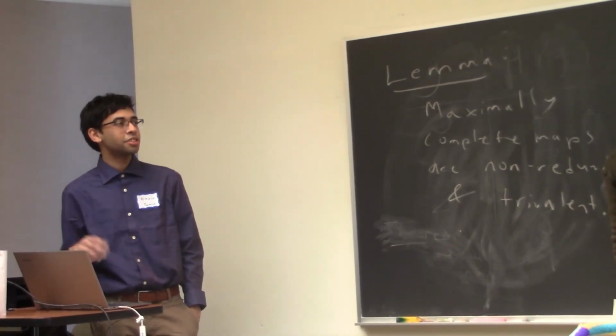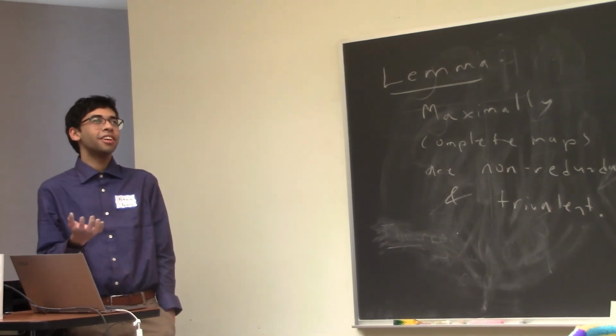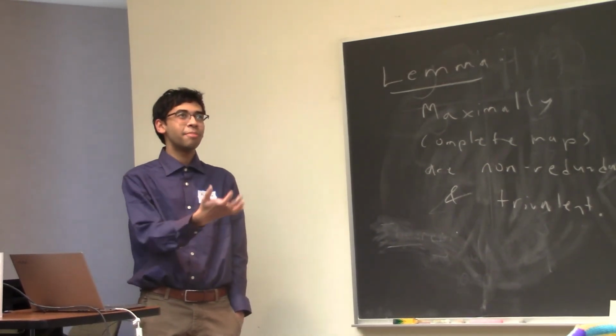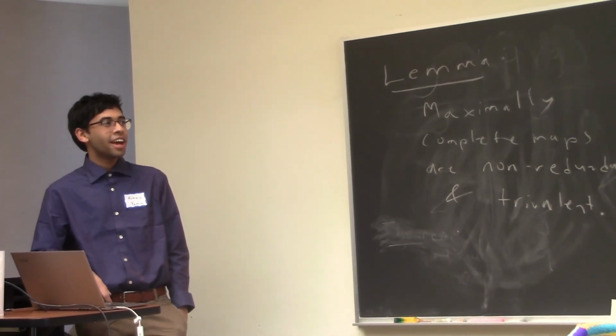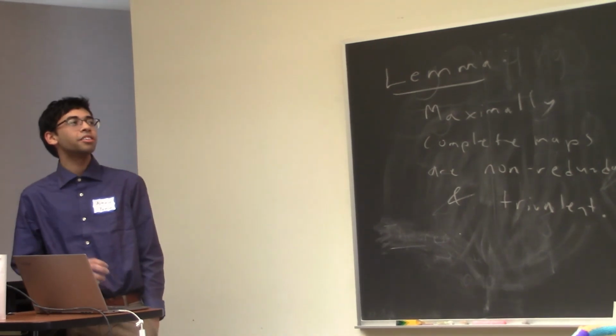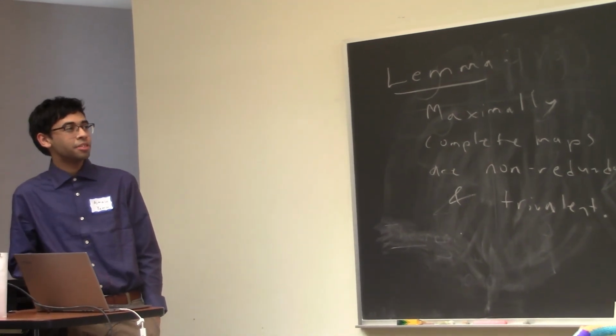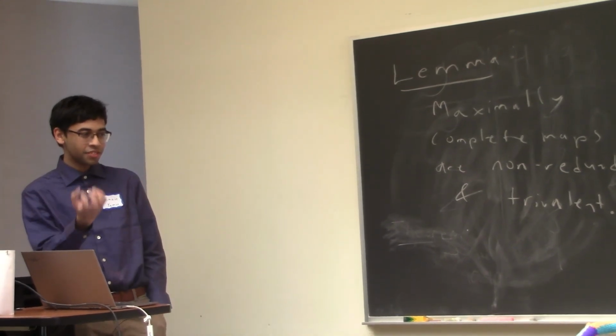And then the next question was, can we understand these maps in a nice way, or are there very nice maps that are maximally complete, which we can understand by the fact that they're regular? And we were able to show that the only regular maps that are also maximally complete are the ones on the sphere and the torus.